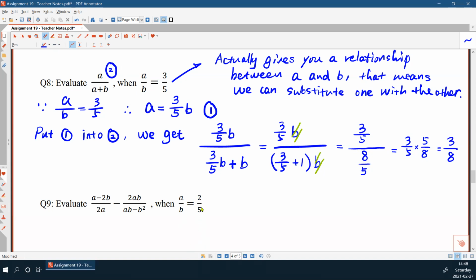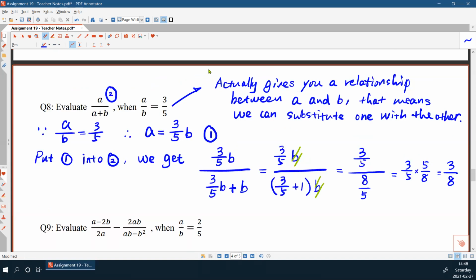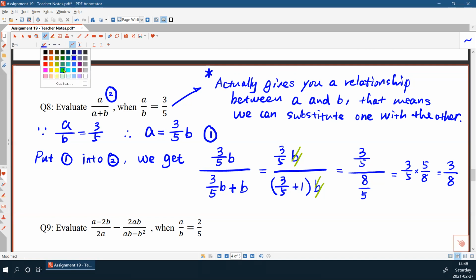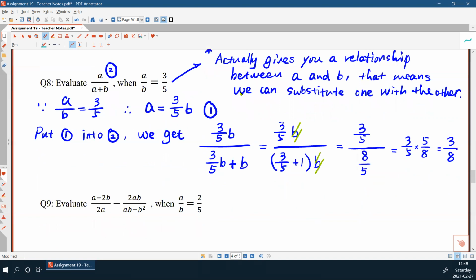Can you follow me? So this is very important. Some of you solved this question with another method. I can see the logic behind your reasoning. You think that A over B is 3 over 5, then A is 3, B is 5, right?